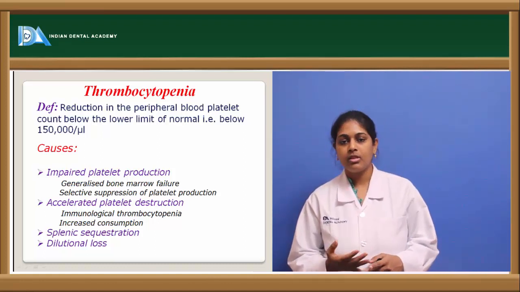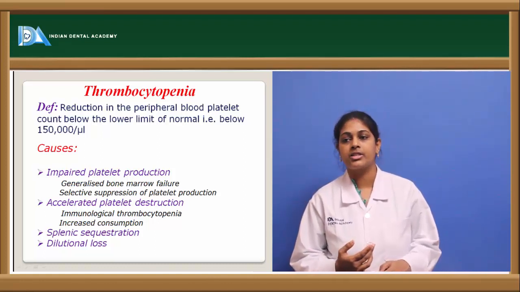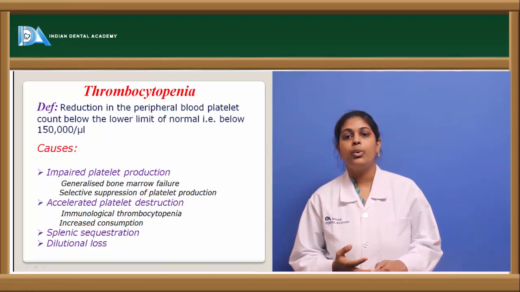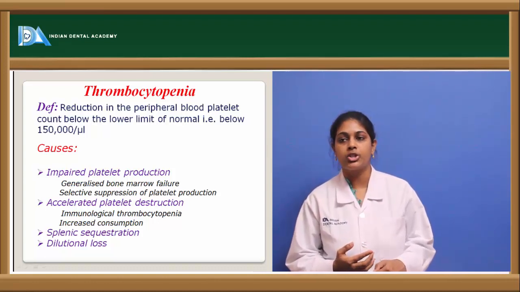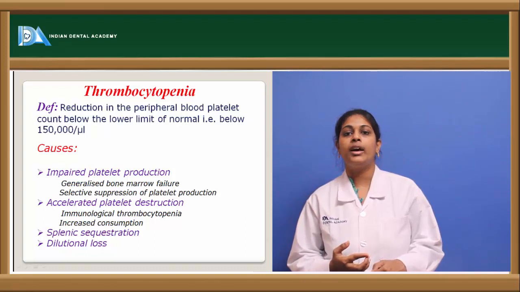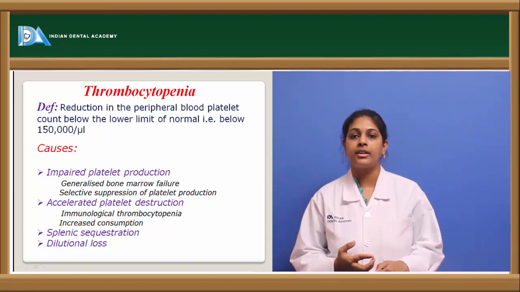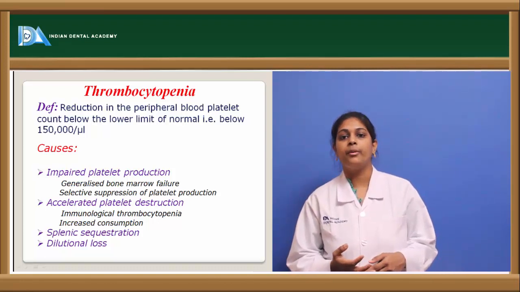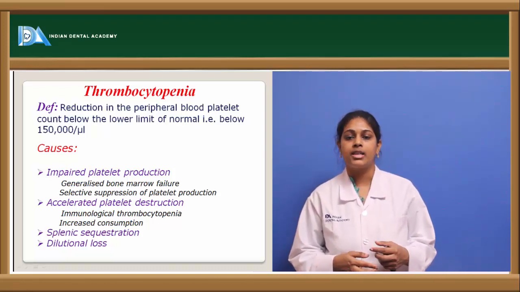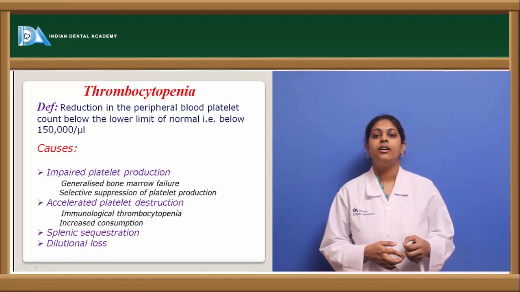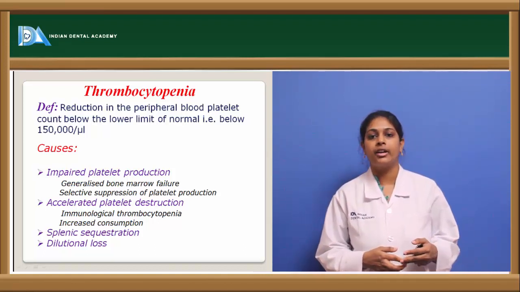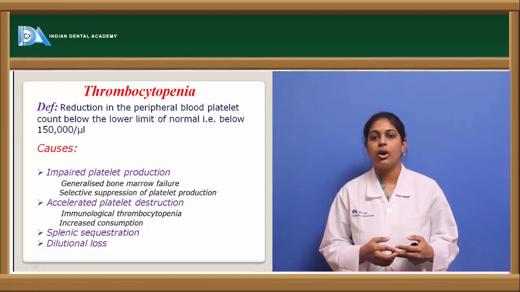The next etiological factor is accelerated platelet destruction, as in immunological thrombocytopenia, where immune complexes are formed against the receptors present on the platelet, thereby altering platelet aggregation or adhesion and resulting in thrombocytopenia.